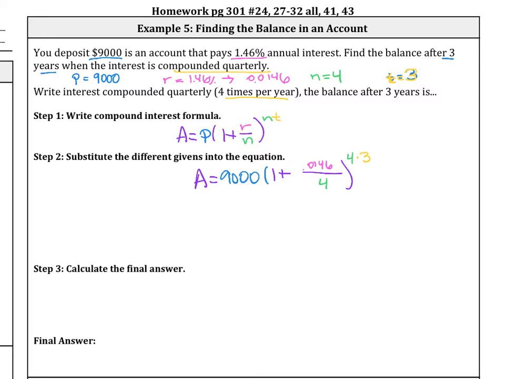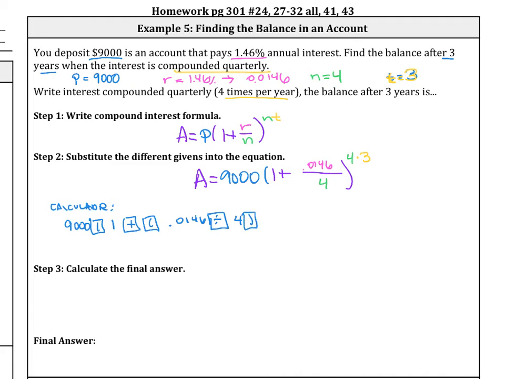Let me write down the calculator directions. You have to be able to write the formula first, and then on the calculator, this is what you type. Type in the initial amount, 9,000, then open parentheses, 1 plus another open parentheses, and then 0.0146 divided by 4.